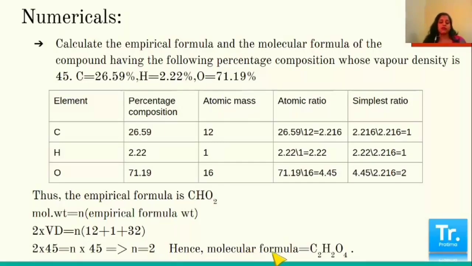Hence the molecular formula is, when this 2 is multiplied, it becomes C2, H2 and O4. Common factor, how do we find out? This is 2, multiply in each of the elements: C2H2O4.